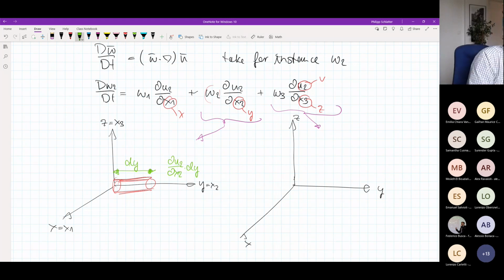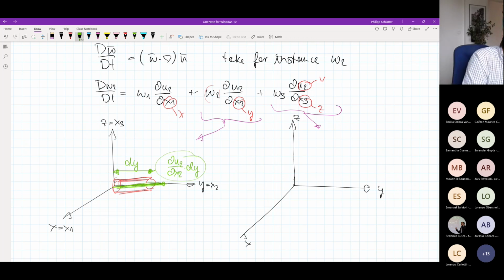So I can see that the action of this term would be to stretch or prolong, to make this vortex element a little bit longer by this amount here.